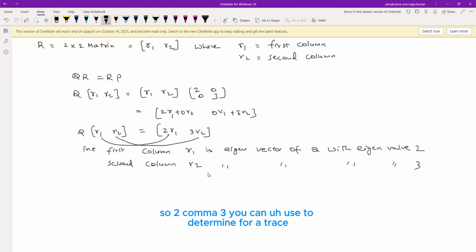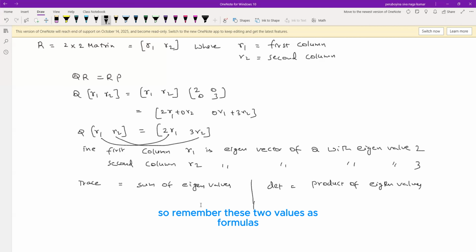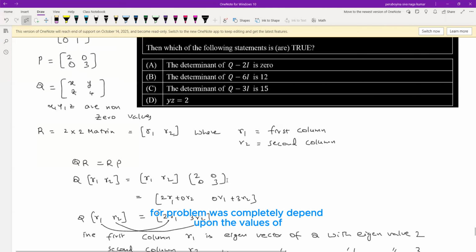So 2 and 3 you can use to determine Q. Trace is equal to the sum of eigenvalues, and determinant is equal to the product of eigenvalues. So remember these two as formulas. Q, for this problem, completely depends upon these values.